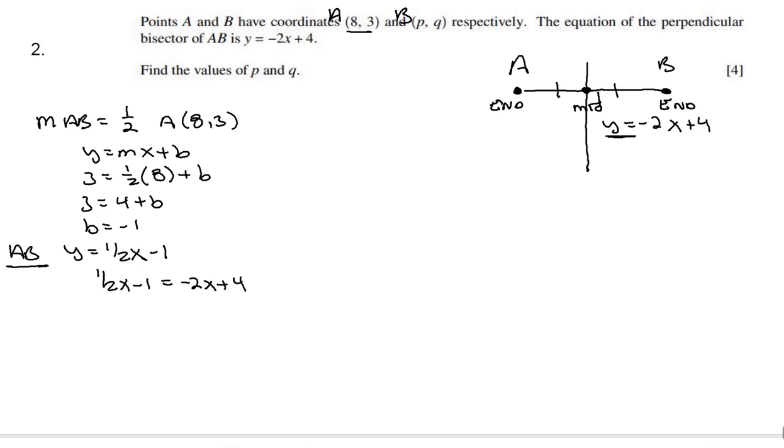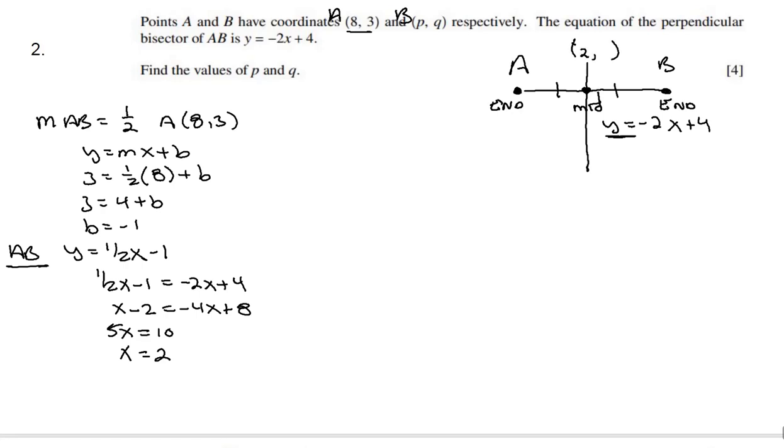But I just have to make sure I multiply everything by 2. 2 times this is going to be x, and 2 times this is going to be negative 2. 2 times this is going to be negative 4x, and 2 times this is going to be 8. Like I said, if you'd like to get rid of fractions, then go ahead and do it. So anyway, I'm going to add 4x to both sides, and I'm going to get 5x, and I'm going to add 2 to both sides. It's 10, and I'm going to find out that x is going to equal 2 at this point right here.